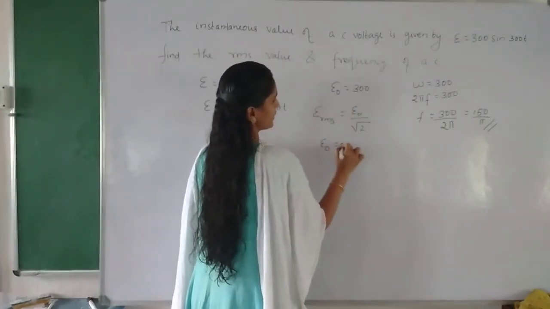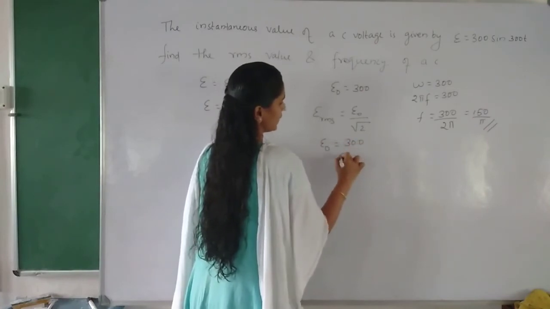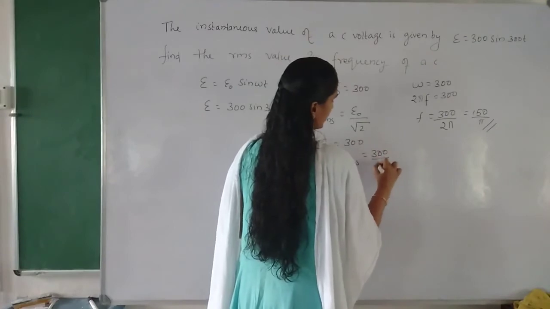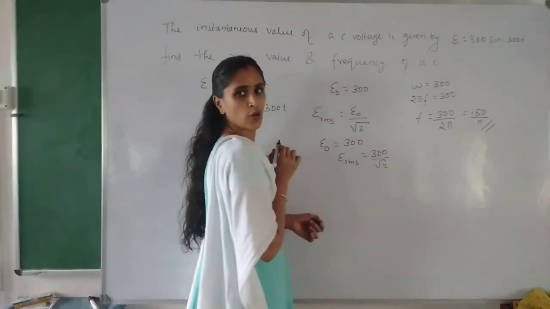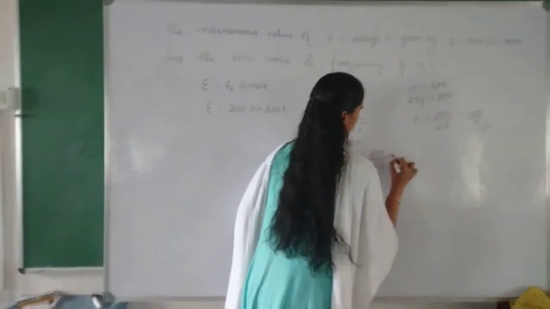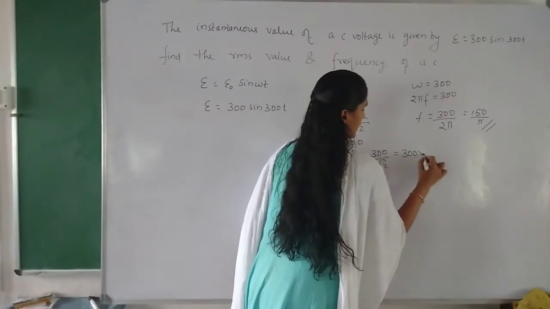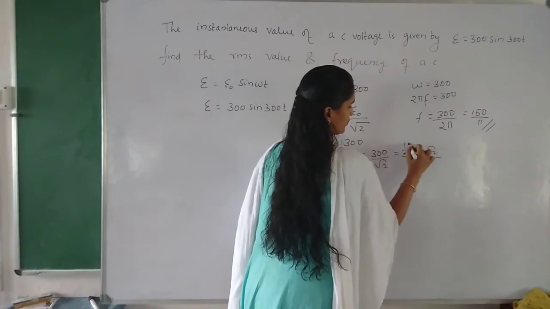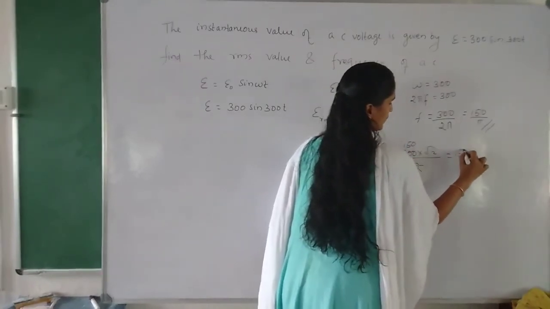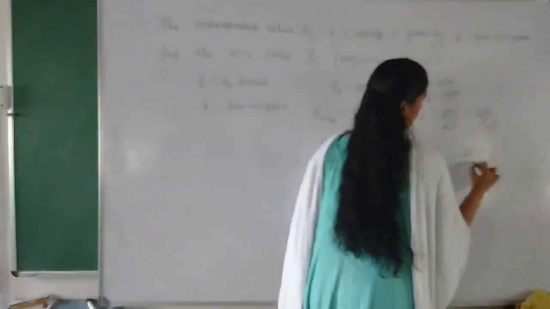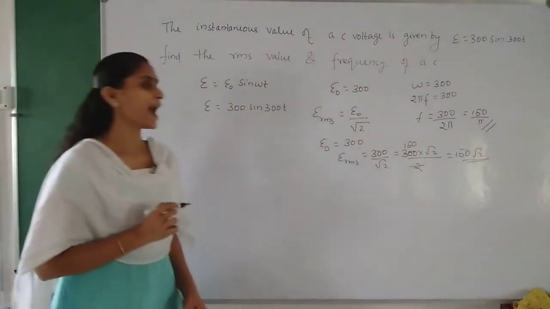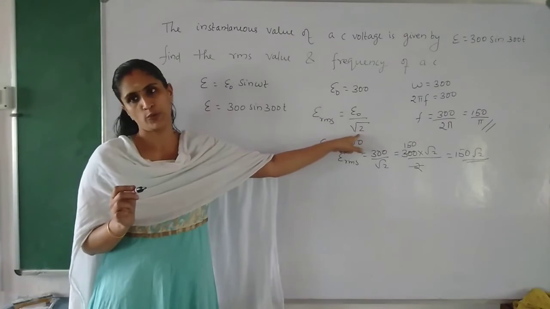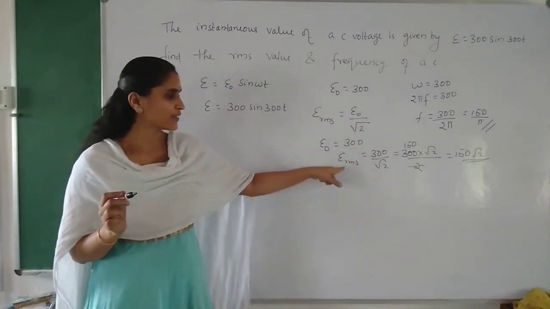V0 is given as 300, so RMS is equal to 300 divided by root 2, or you can write it as 300 into root 2 by 2. This is the RMS value. RMS value is equal to peak value by root 2. So peak value is given, and we found the RMS value.